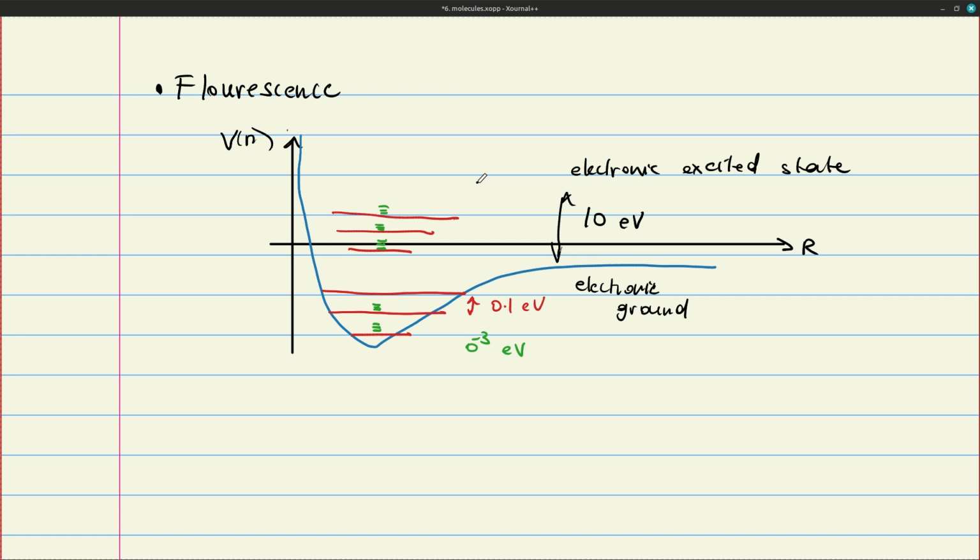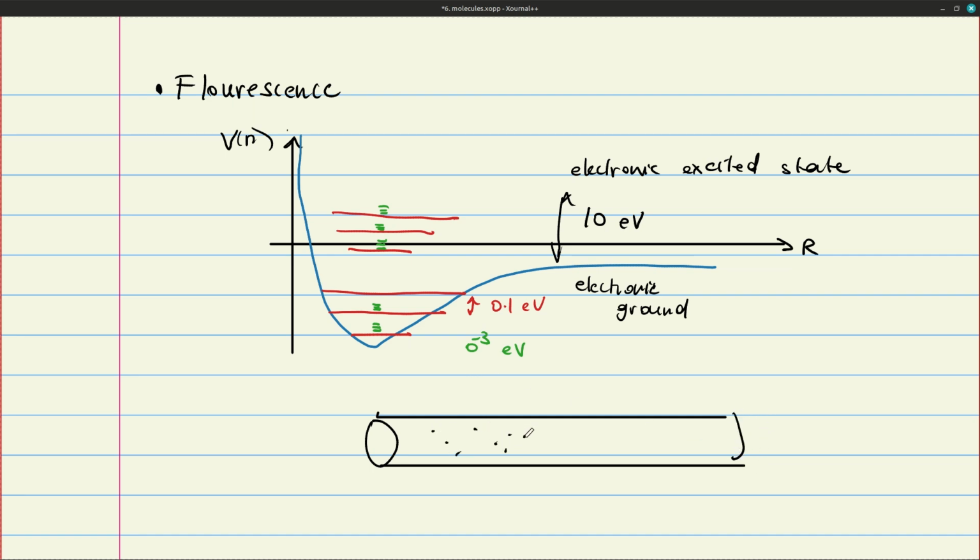Here is the picture. There's a tube, which is, for example, your lamp, and you have these gas molecules, and you pass high voltage through them.